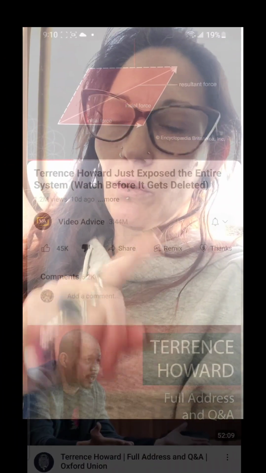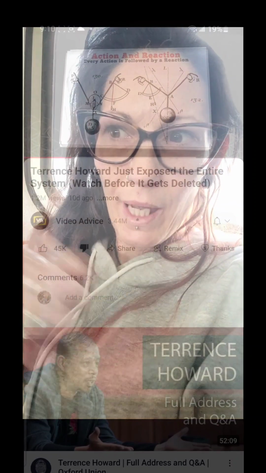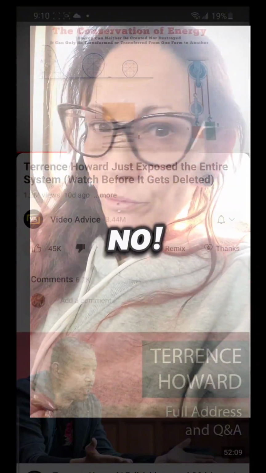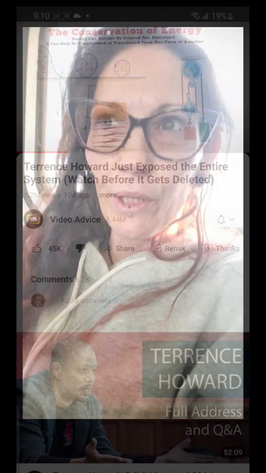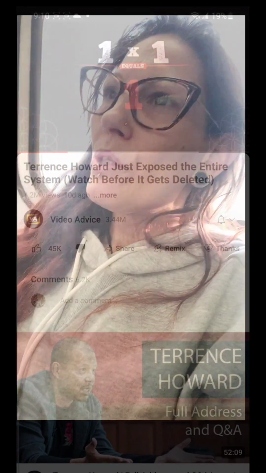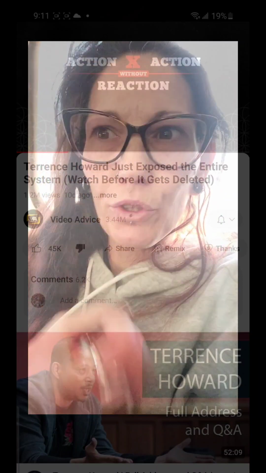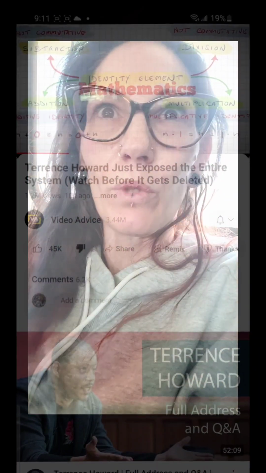Now, if you take 1 times 1 and it equals 1, is that multiplication? No, because you are not increasing by number. So that goes to show another way to prove that 1 times 1 does not equal 1.